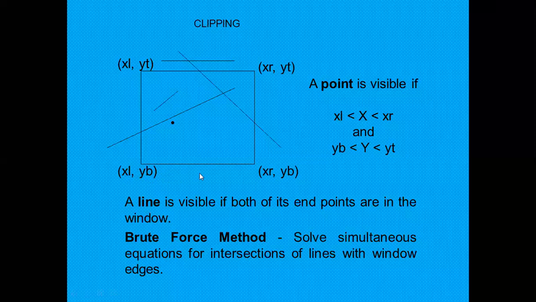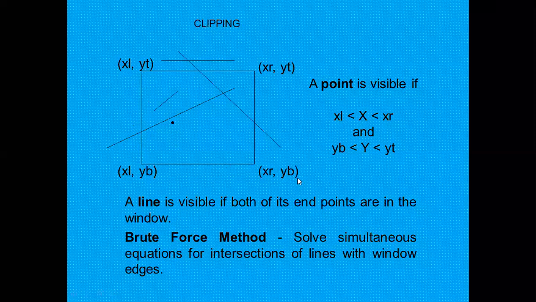From here we will start. Now come here, xr comma yb, this is x right, the right coordinate of the object, and this is again the bottom, because it is on the same horizontal. Here this is the y axis and this is the x axis.